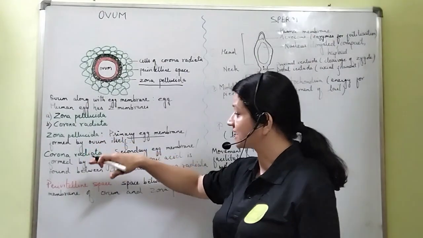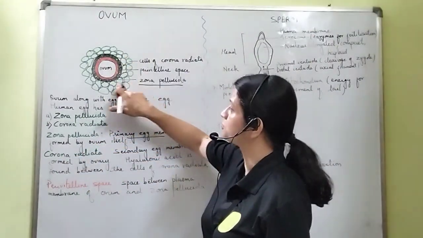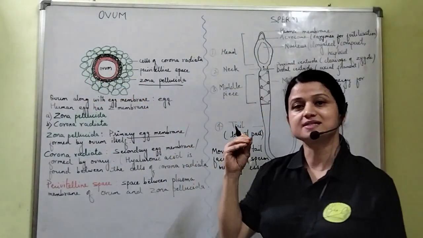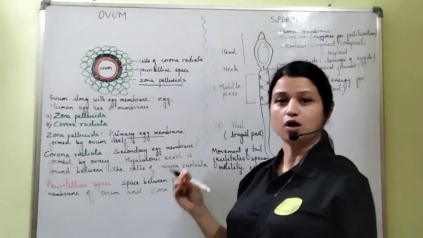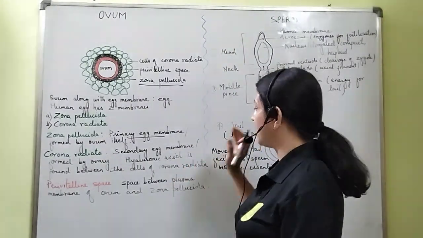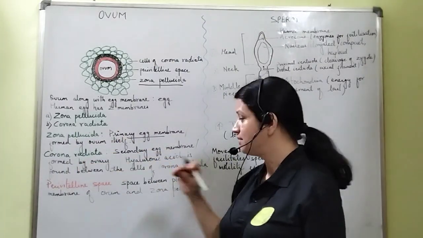Clear? And the second membrane, which is the outer membrane, that is corona radiata, which I have shown with green color. This is the secondary membrane because this membrane is not formed by the ovum, it is formed by your ovary. So that's why it is called secondary membrane.